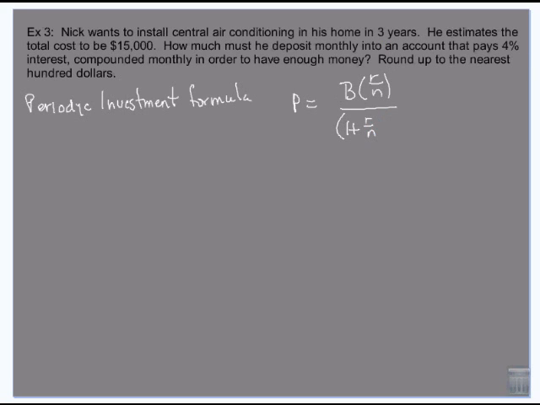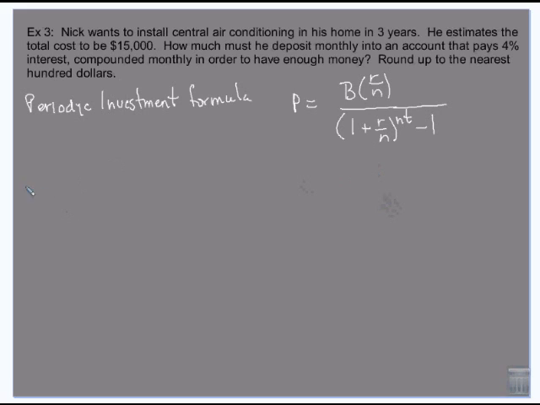Sorry, that's sloppy. Let me fix it. Okay, so it's B times R over N over 1 plus R over N to the NT minus 1.